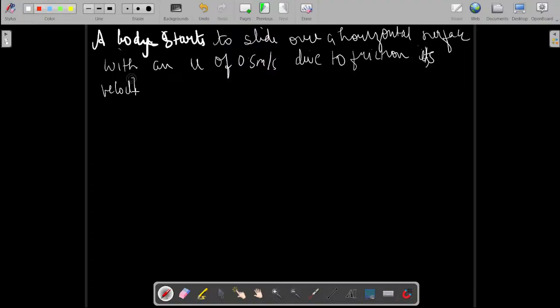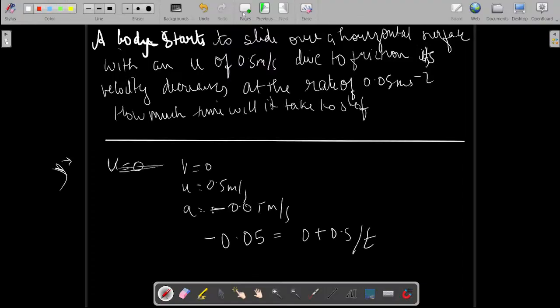No. We know v is equal to 0, u is equal to 0.5 meter per second, then a is equal to minus 0.05 meter per second squared. So minus 0.05 is equal to 0.5 by t.